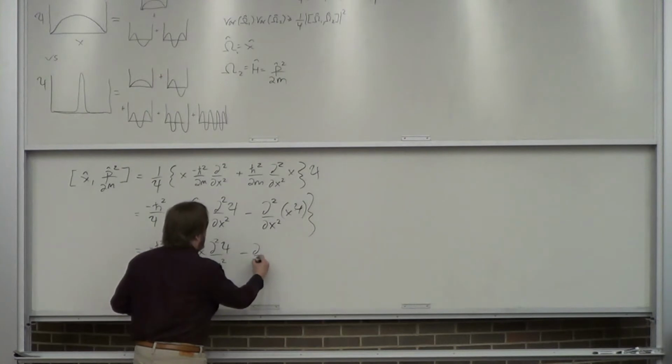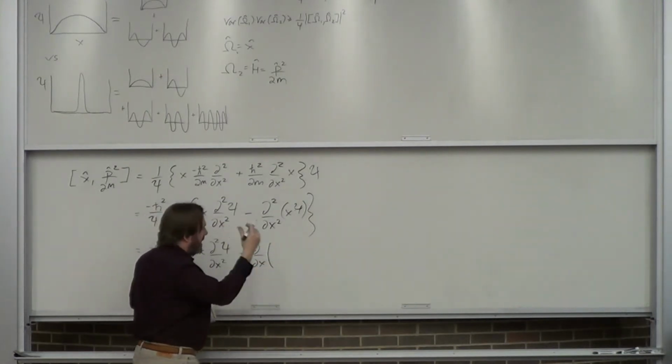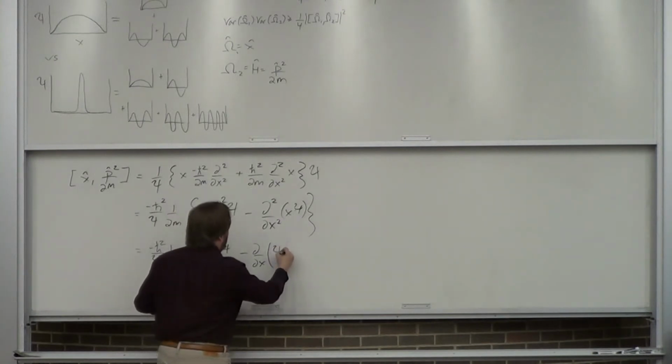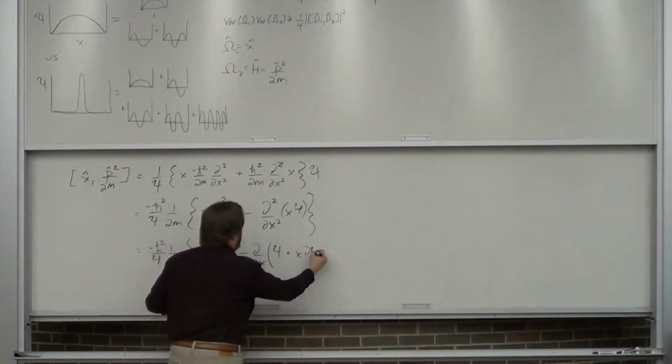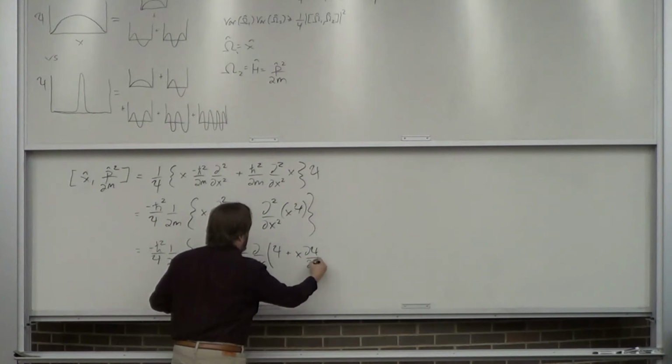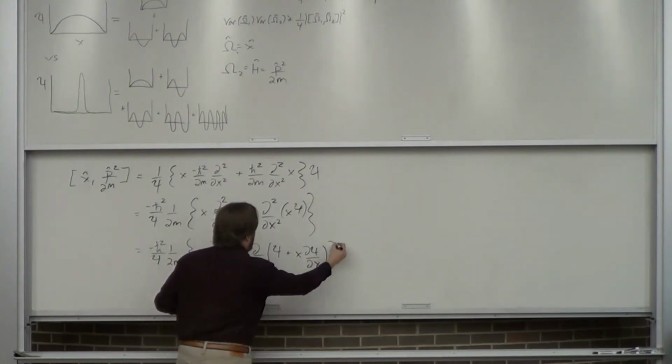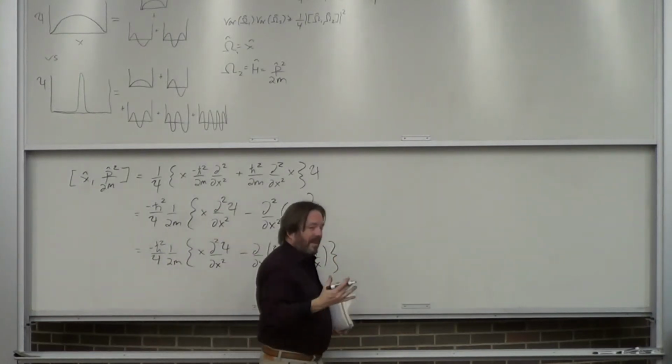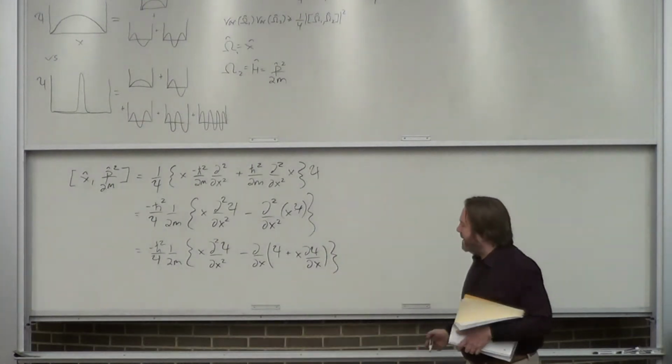First derivative, second derivative. I can kind of do that in my head. It's a bit painful. Derivative of x is 1. I leave the other guy alone. Then I leave that alone. And I do the derivative of the wave function. I gotta be careful that I keep track of all my brackets.